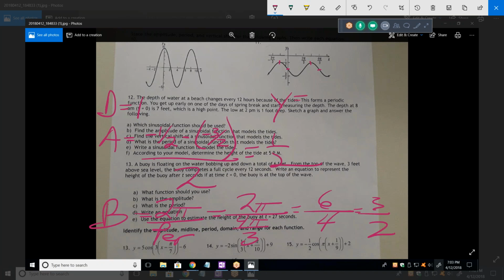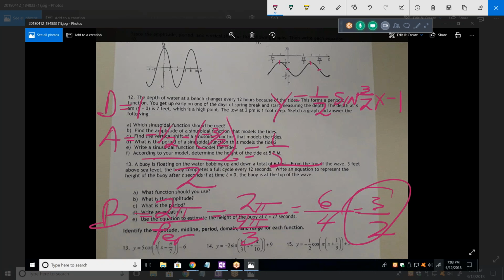y equals 1/2 sine of 3/2 x, and then minus 1. All right.